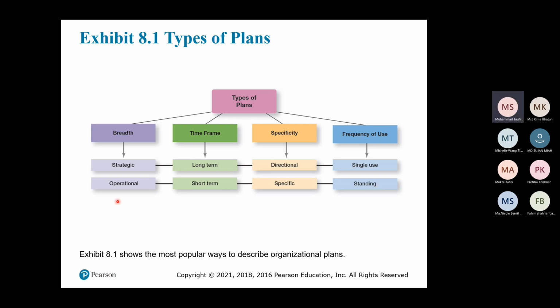What kind of plan do you want to make? Based on scope, you can do either a strategic or operational plan. Based on time frame, either a long-term plan or short-term plan. Based on specificity, either a directional plan or specific plan. And based on frequency, either a single-use plan or a standing or repeated plan. So these are the classifications of plan.